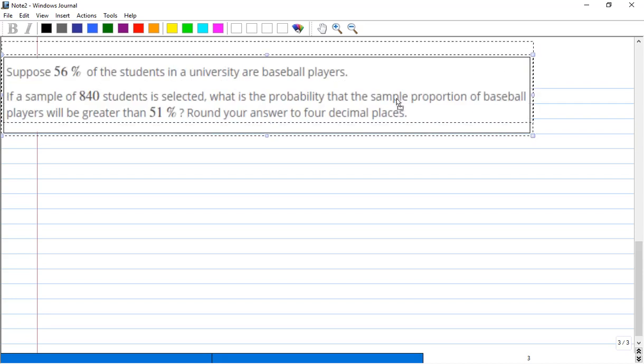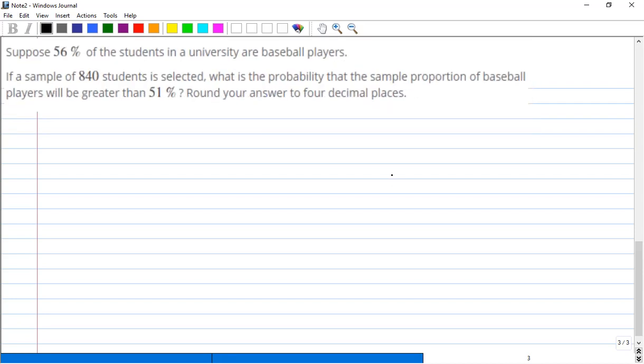All right, this says, suppose 56% of the students at a university are baseball players. That would be a lot of baseball players. Maybe people that have played baseball in their lifetime, but definitely not that many at a university. You'd have a team and a JV team and an A, B, C, D team.